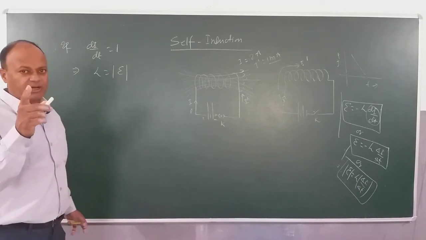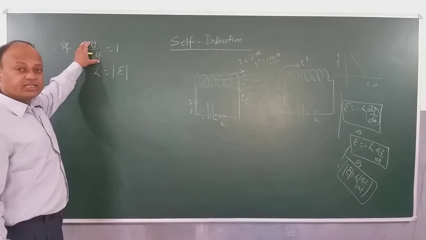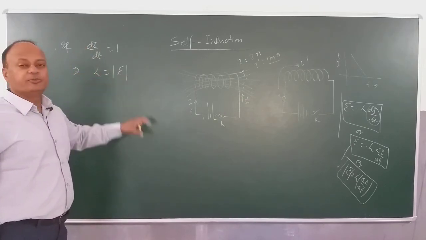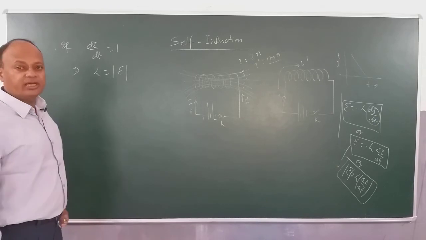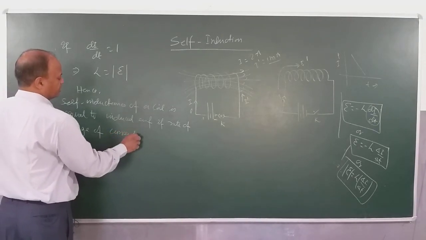Unity means 1. Okay. So if current is changing at the rate of 1, then self-inductance will be equal to the induced EMF. Okay. Hence, rate of change of current is unity.